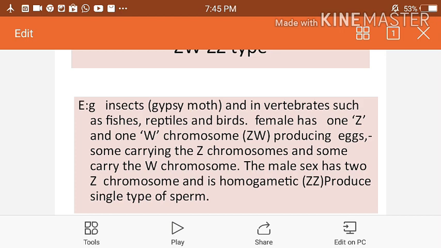So two types of eggs are produced. The male will be producing only one type of sperm. The male carries two sex chromosomes, that is ZZ chromosome, but it produces only one type of sperm carrying Z because it is said to be homogametic.